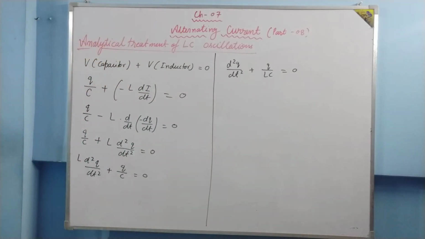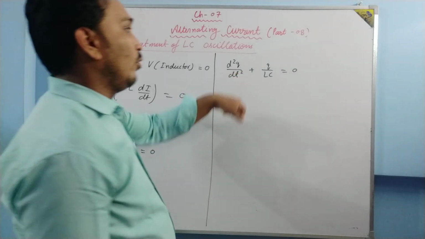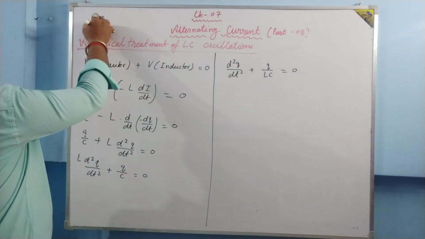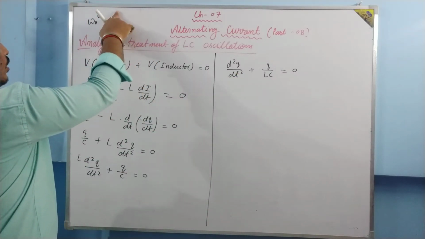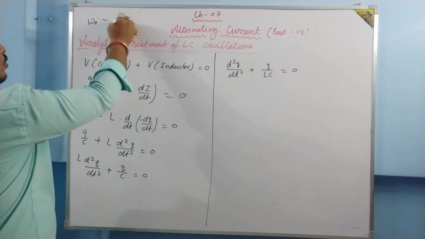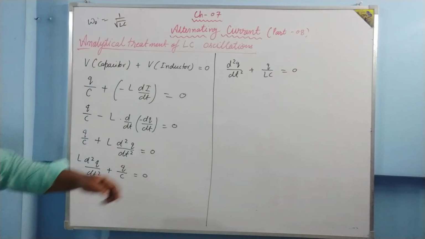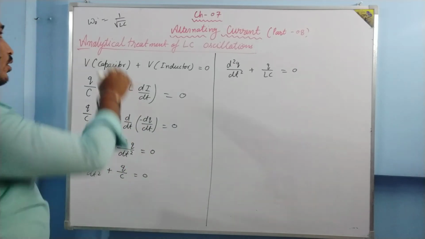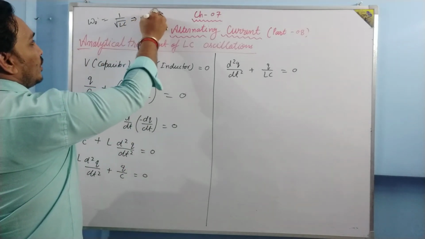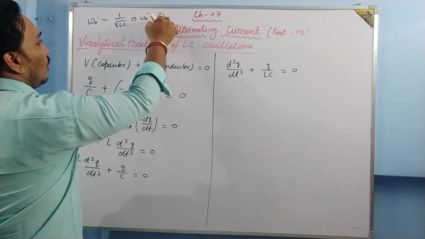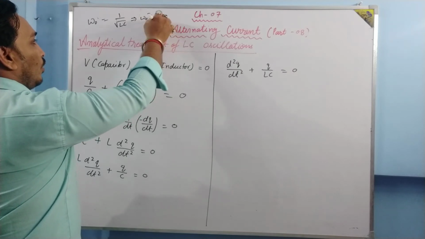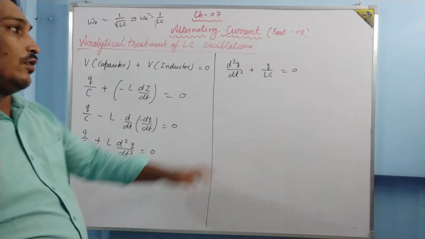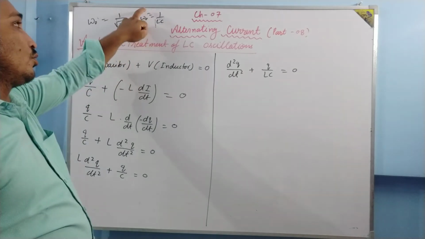Now 1 upon LC. You have already studied that omega naught is equal to 1 upon root LC. So omega naught square is equal to 1 upon LC.